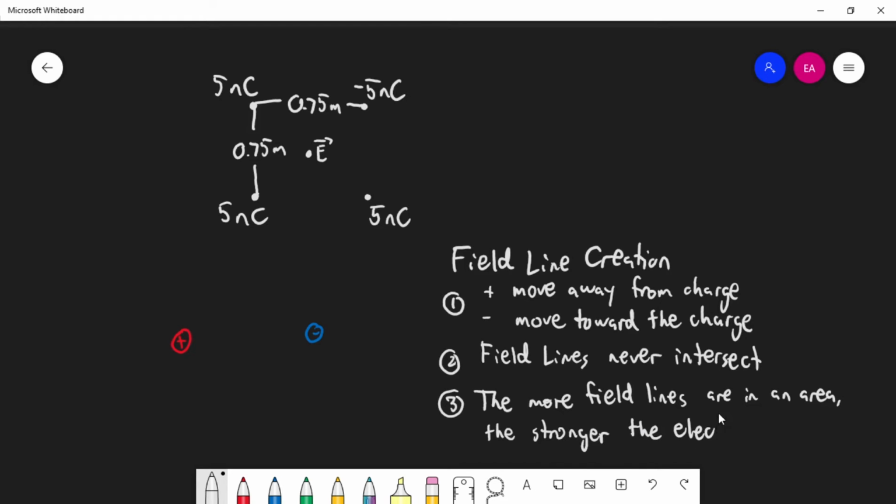So we could say that the field lines going through this are away from the charge, and the field lines in this are moving toward the charge.